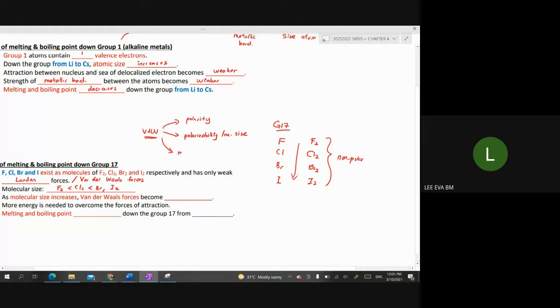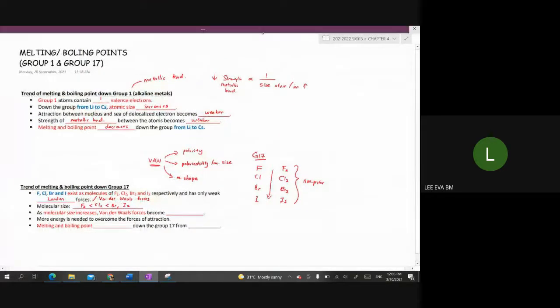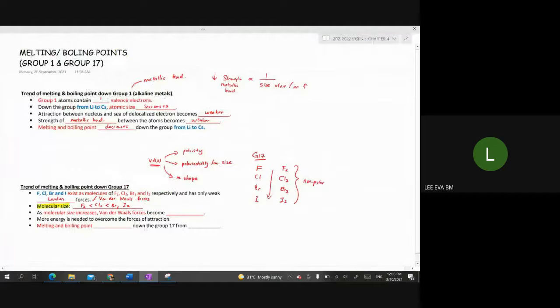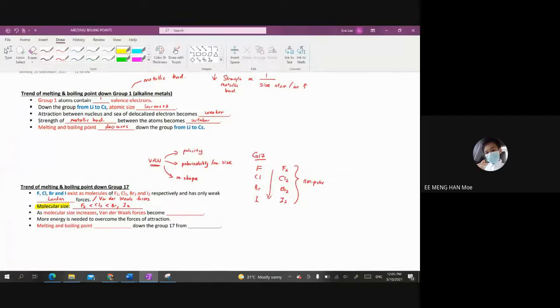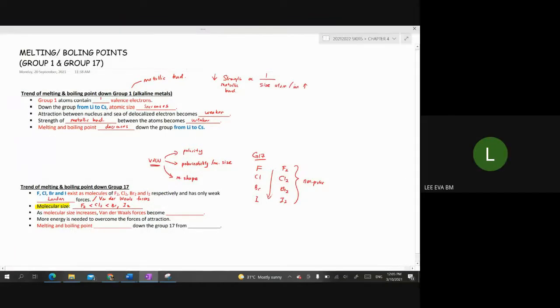Or in other words, we can talk about the factor of the shape. So here, what is the factor? Polarizability, or the molecular size. When the molecular size increases, your London forces or van der Waals forces become stronger. The bigger the force, the stronger it is.